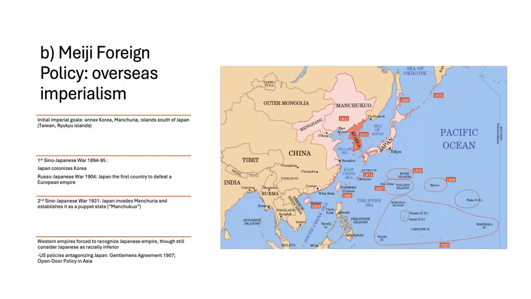Now, the other policy that antagonized Japan was announced by the United States, called the Open Door Policy, and basically says this.